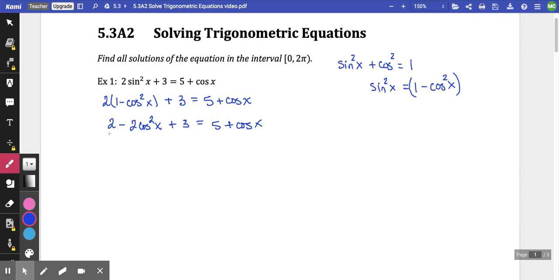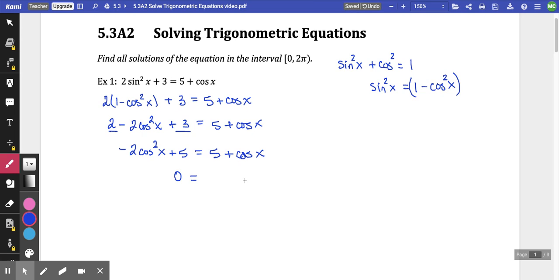So let's see. First things first, here on the left side, I'm going to add together the two constants. So that would give me -2 cosine squared of x, and then I'm adding this 2 and this 3, so that would be plus 5. And now the expression that's squared presently has a negative coefficient, so I want to make my 0 here on the left side of my equation.